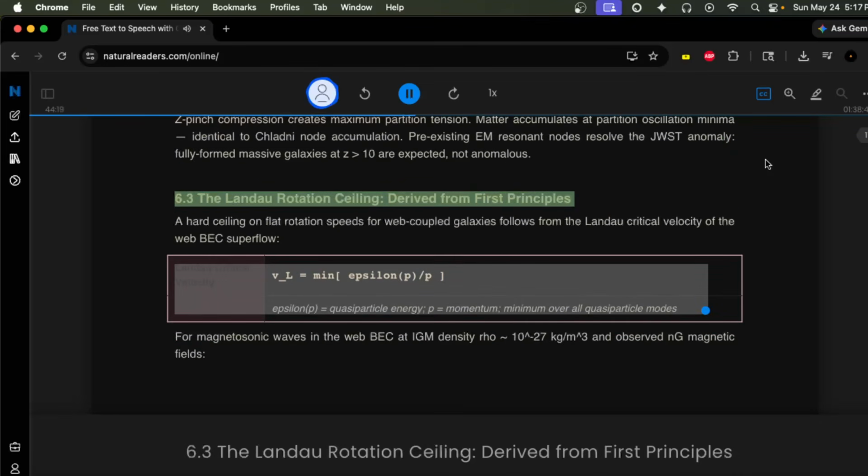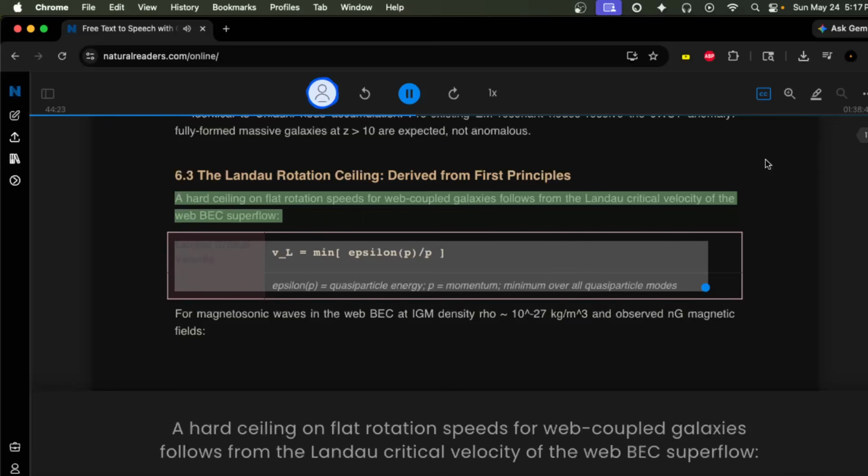6.3 The Landau rotation ceiling, derived from first principles. A hard ceiling on flat rotation speeds for Webb-coupled galaxies follows from the Landau critical velocity of the Webb-Beck superflow.